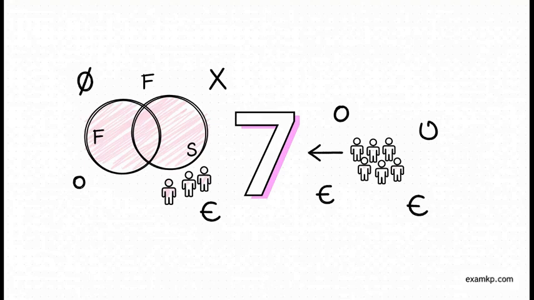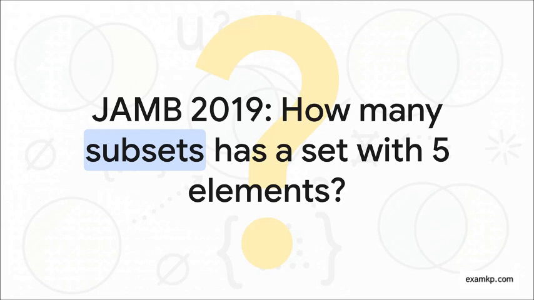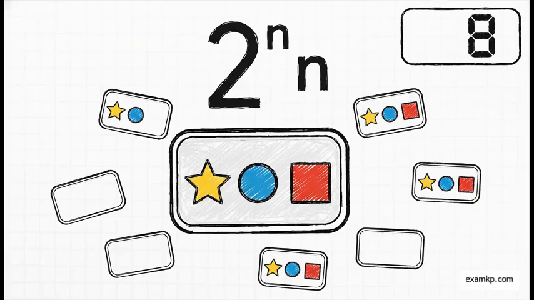All right. Let's switch gears and look at a typical JAMB question. Now, this one isn't a word problem, but it tests a very specific, very simple rule. If you have a set with 5 elements, how many possible subsets can you make from it? The key here is another one of those must-know formulas.